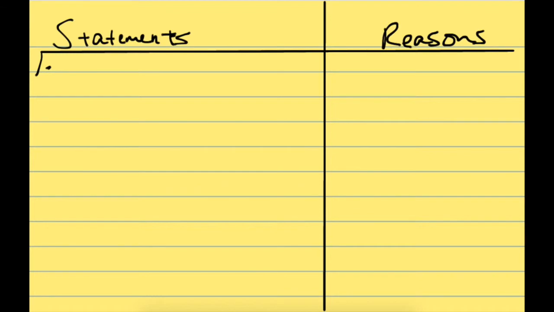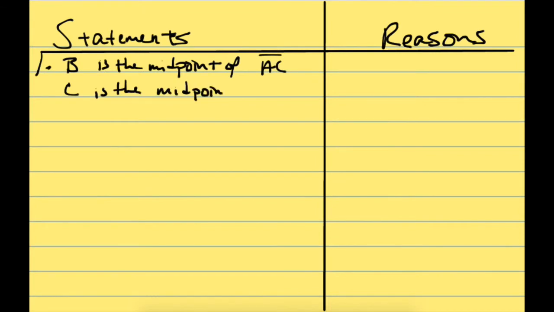So we'll combine in our first statement that B is the midpoint of segment AC, and C is the midpoint of segment BD. And we know that because we're told that. That's given.